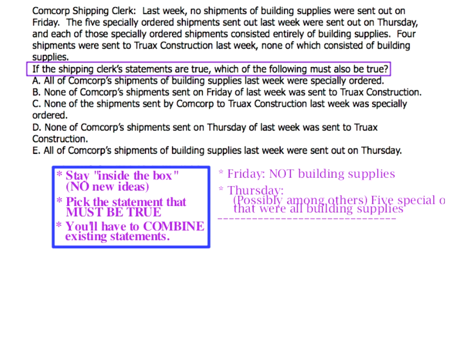And then on a different vein, we're not talking about days of the week anymore. We're talking about this company called Truact. Sent 4 shipments, and didn't send any building supplies.